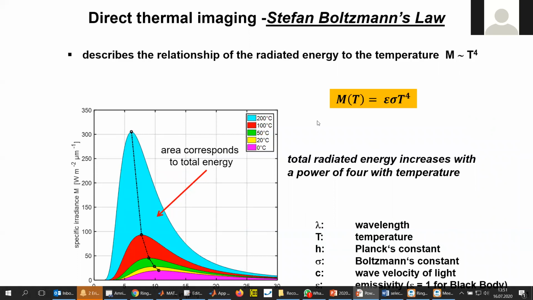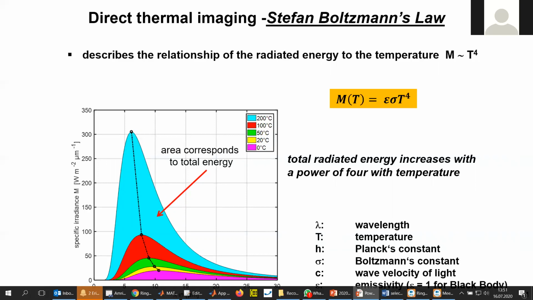And last but not least, it's Boltzmann's law. It describes the relationship of the irradiated energy to the temperature, and we see that this relationship is described with a power of 4 to the temperature. These curves show the total radiated energy of an idealized black body.